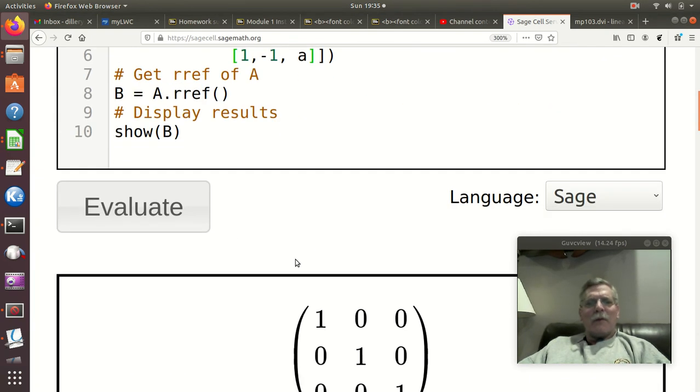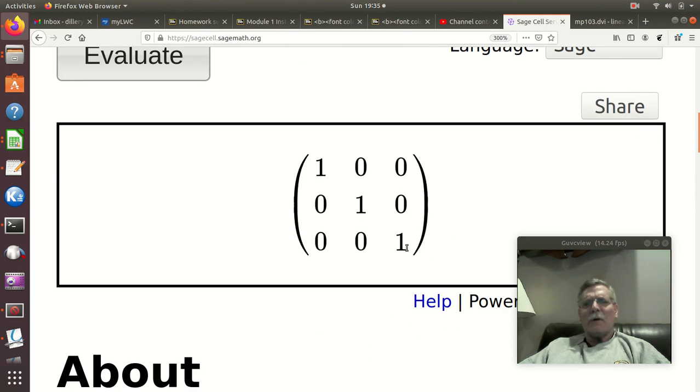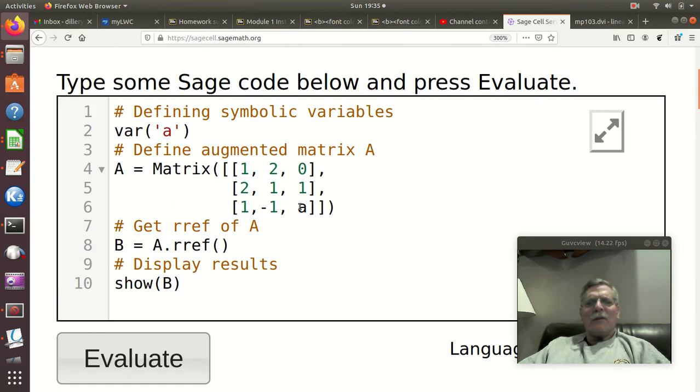But at any rate, I make that an a. It matters what that a is, but if I evaluate, notice I still get the 1, 1, 1 again, because it doesn't seem to care. It doesn't think about, well, what if a is 0? What if a is 10? It doesn't seem to notice. And so just using this reduced row echelon form, if I end up having some symbolic variables inside there that I need to work with, it's not going to work so well.